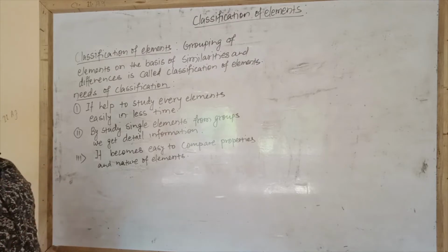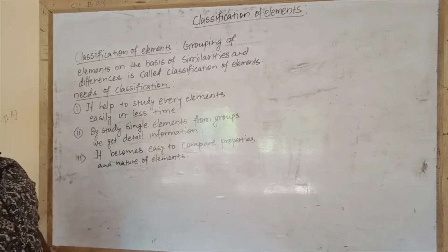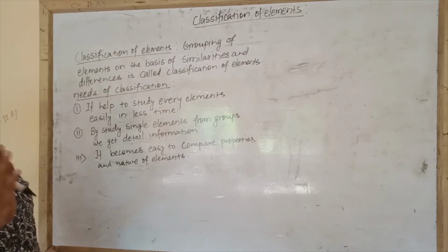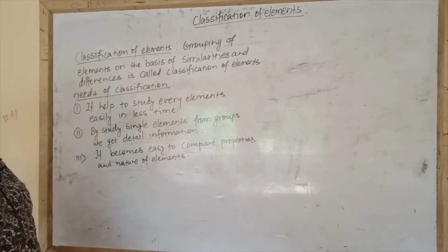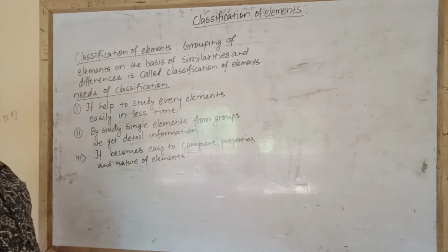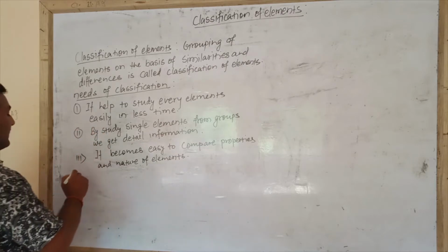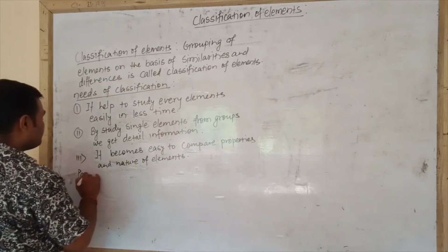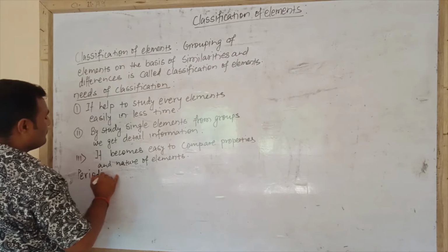In that table, the properties of elements are periodic, or repeated, according to certain properties, and therefore that table is known as the periodic table.